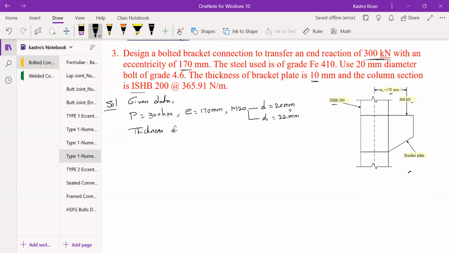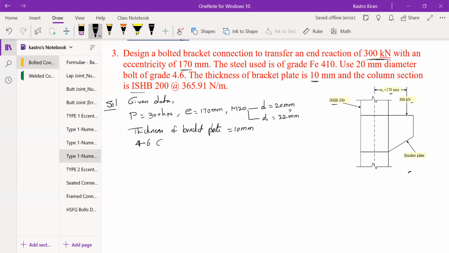The thickness of the bracket plate is given as 10 mm. The grade is also given, which is 4.6.